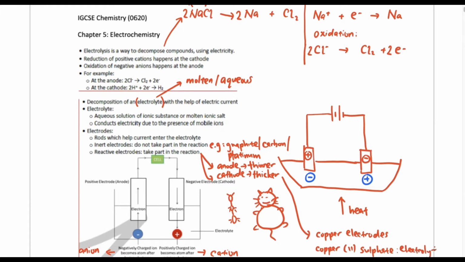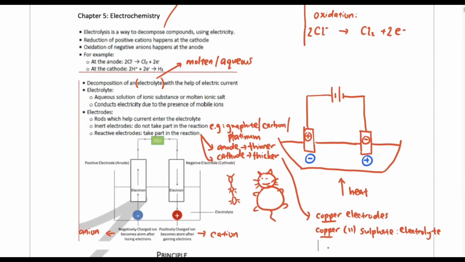You can see the common metal here, copper and copper ions. If they are common, then the copper electrode will become an active or reactive electrode. It must be the same metal together with the metal ions. If they are the same, then it becomes active. So we take it in that way.